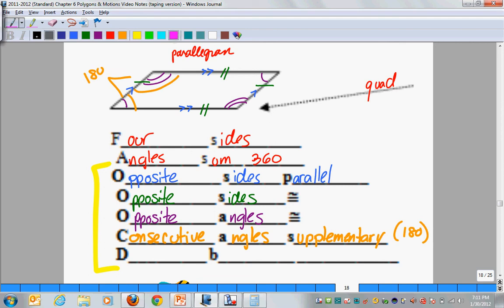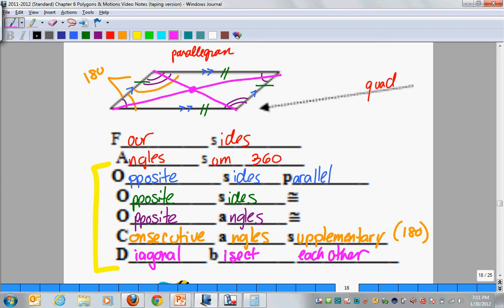And the last one is the diagonals bisect each other. So if we draw in the diagonals, they're going to cut each other in half.